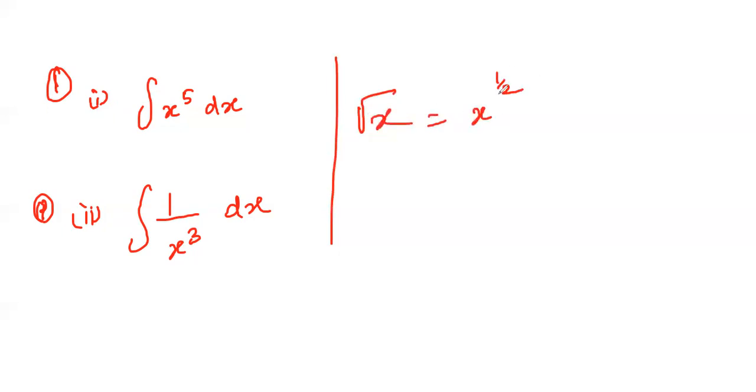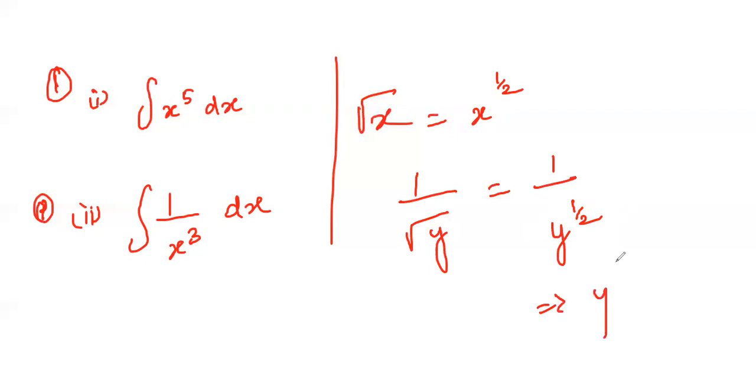So y to the power 1 by 2. First rewrite them in the form of y power 1 by 2, and then you take it to the numerator. It will become y power minus 1 by 2. And then you perform integration.